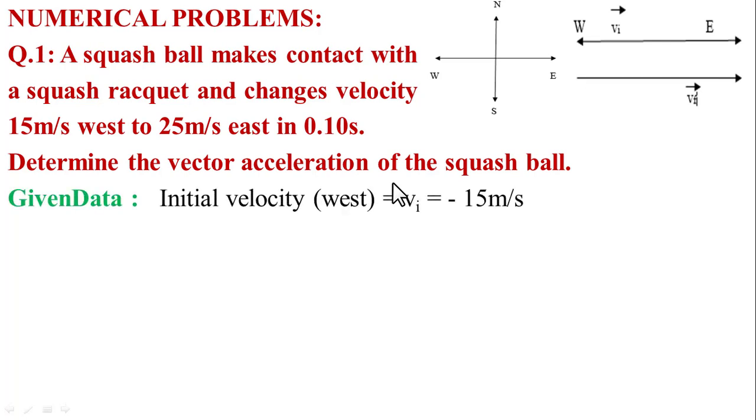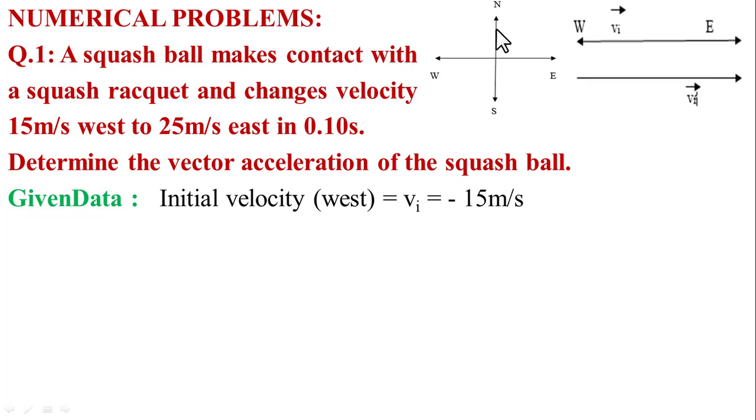Now first of all, write the given data. Initial velocity in the direction of west, Vi is equal to minus 15 meter per second, because here this point is the origin. Along this direction the value is positive and toward the left side the value is negative.